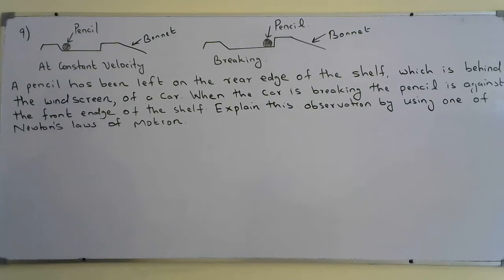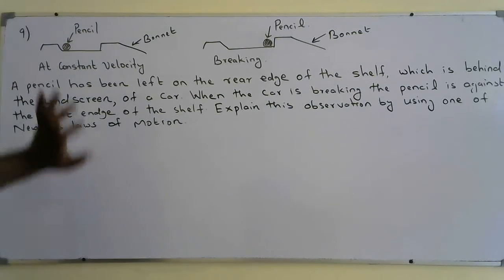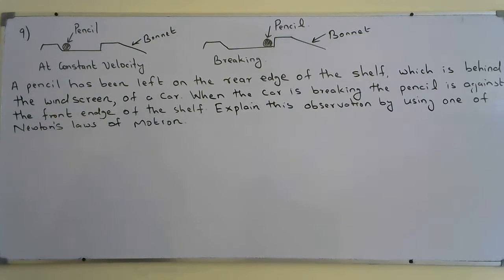The pencil has been left on the rear edge of the shelf during the constant velocity, behind the windscreen. When the car is braking, the pencil is against the front edge of the shelf. Explain this observation by using one of Newton's laws of motion.